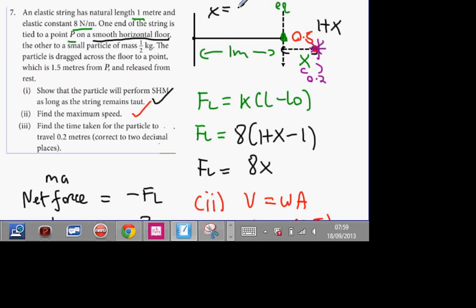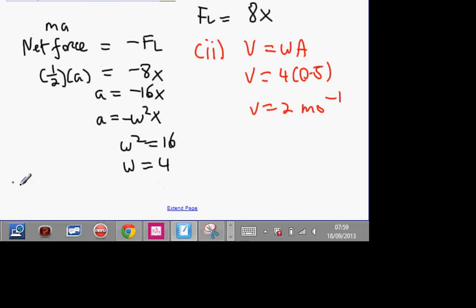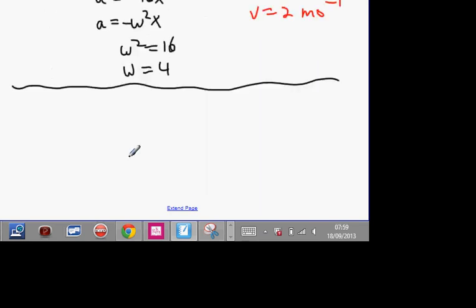So x is 0.3. x is not the distance you traveled, but your displacement from the equilibrium point. So now we know that x equals 0.3, A is 0.5, and omega equals 4.